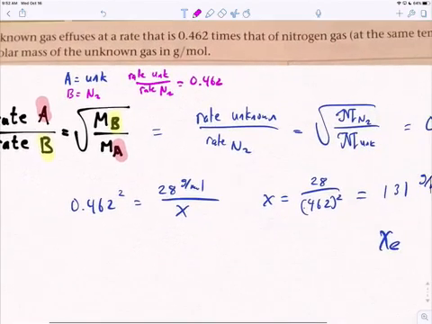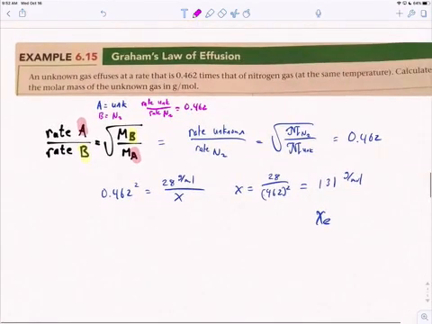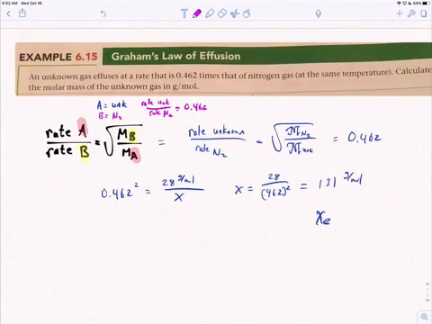So applying Graham's law, the rate of the unknown over the rate of N2, this is 0.462, which equals the square root of the molecular weight of nitrogen over the molecular weight of the unknown. The molecular weight of nitrogen is 28 grams per mole, so 14 times 2.